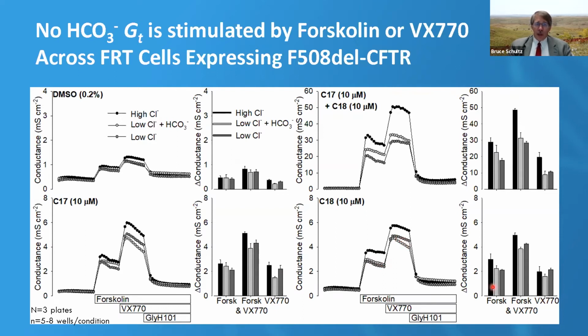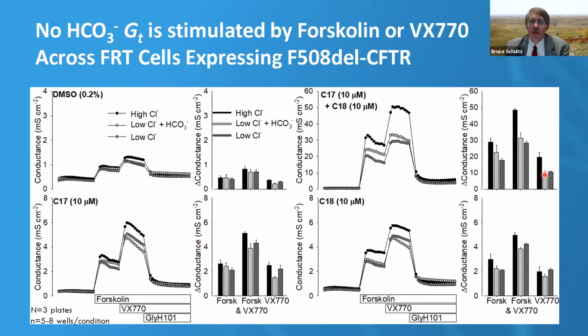So clearly with these two correctors, we are not seeing an increment or evidence of a bicarbonate conductance for delta 508 CFTR. With both correctors, we see that there is an increment of bicarbonate conductance above the low chloride in both forskolin and forskolin plus VX770. However, the increment after VX770 is actually smaller than the increment with forskolin alone, such that it appears to be as small or less than that with low chloride.